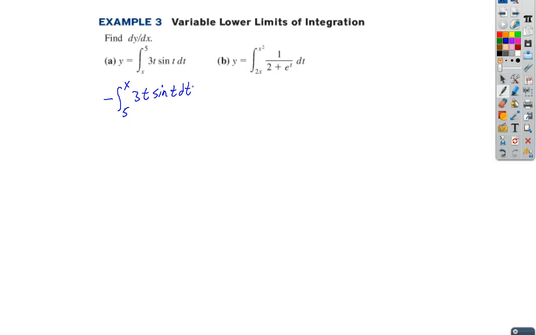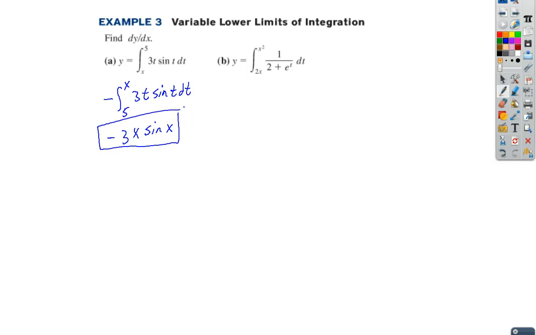Now I want to take the derivative of this whole thing. The negative stays. I go from a number to x, so I'm good. So now it's going to be negative 3x sine of x. And there's my answer.